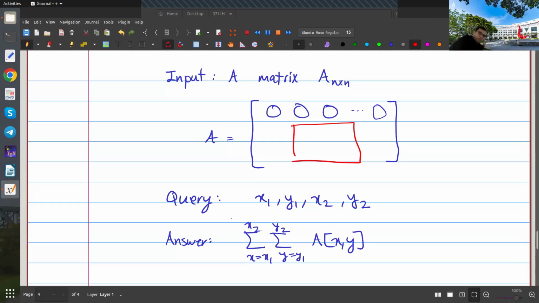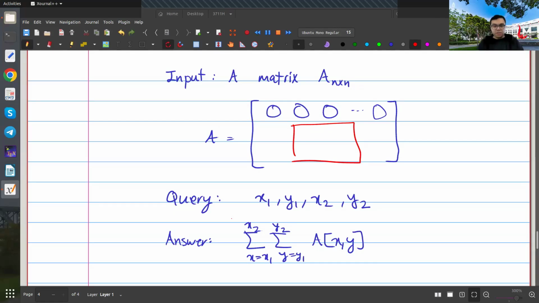Now, just like before, I can do this in the naive way. I can say whenever someone asks a query, I'm just going to do 2 for loops and sum them up and give the sum. But that would answer every query in n squared time. And that's too much for me. Again, let's imagine that I want to answer every query in constant time.